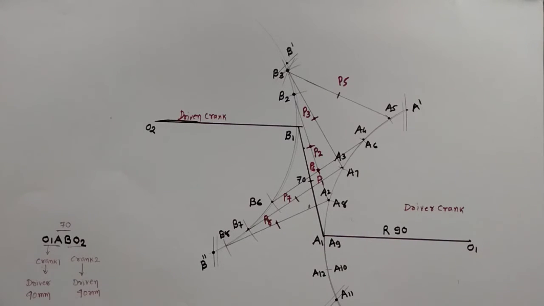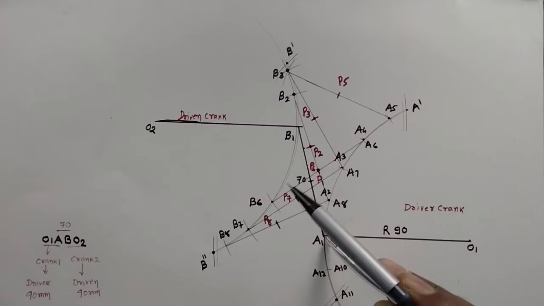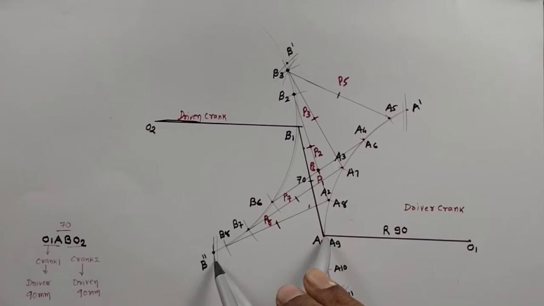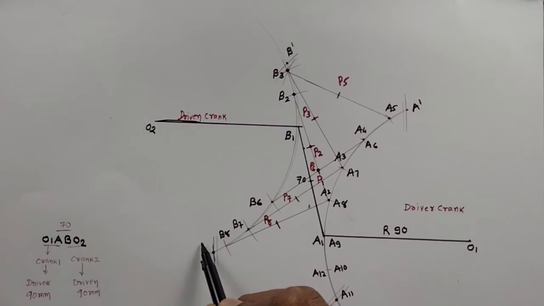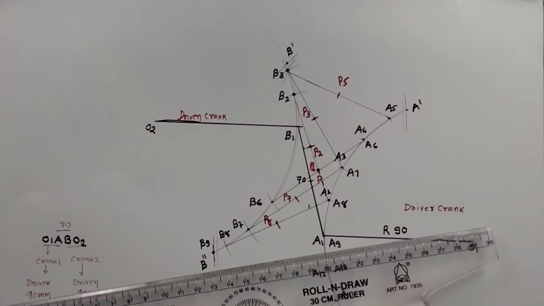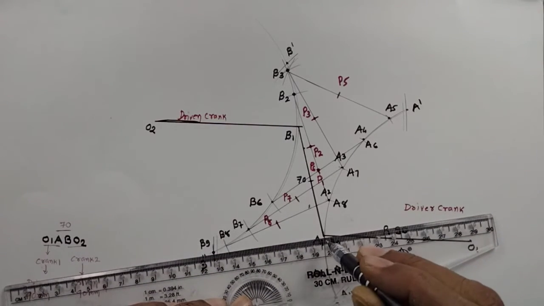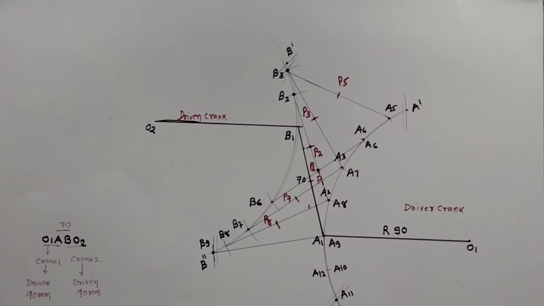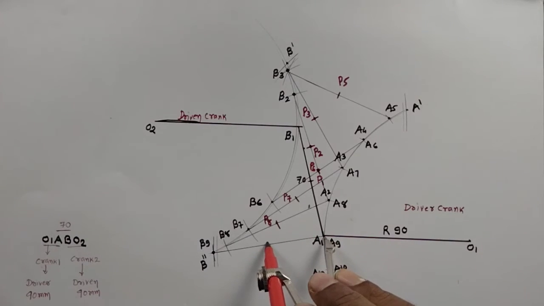Now from A9 I draw the arc, so it is exactly on the extreme position. I mark the B9. Then I join the A9, B9. On this link, we go to our midpoint. This is our P9.